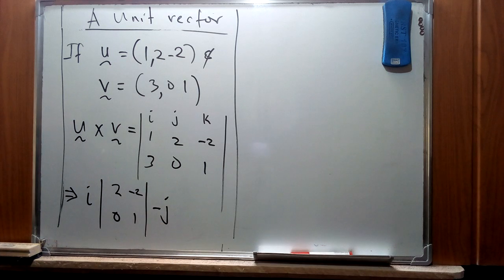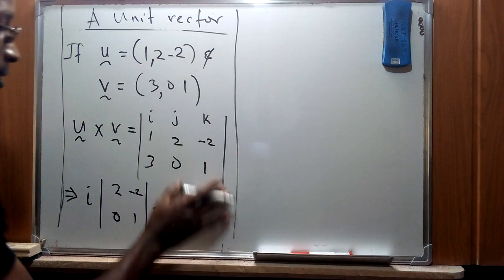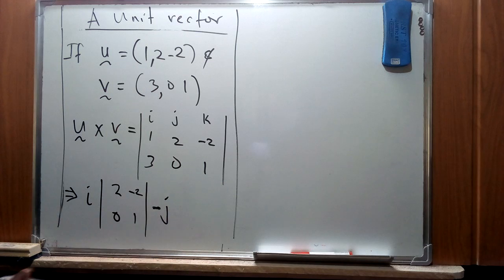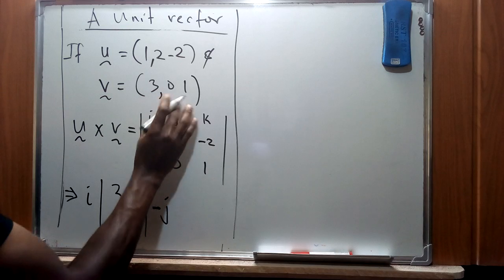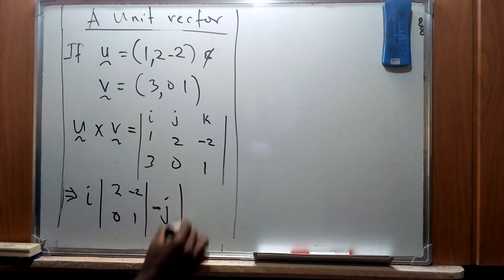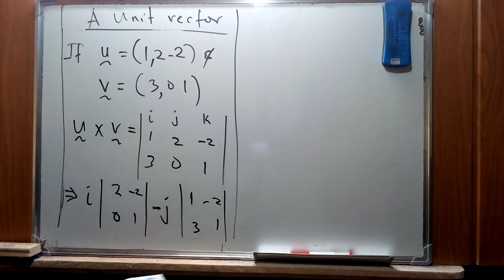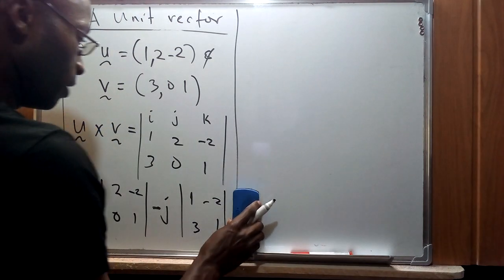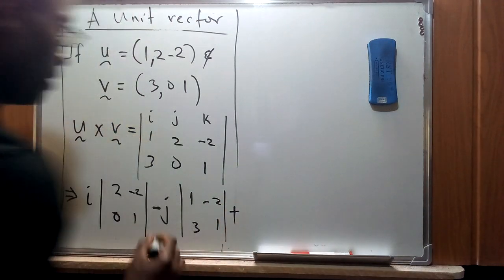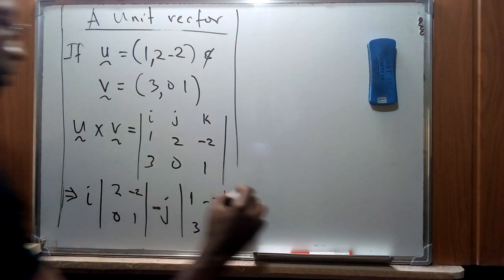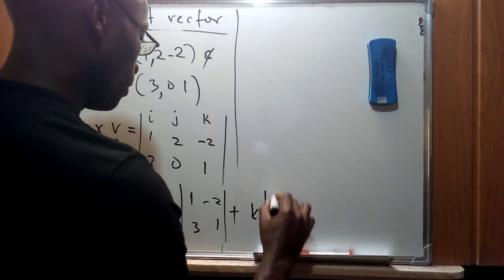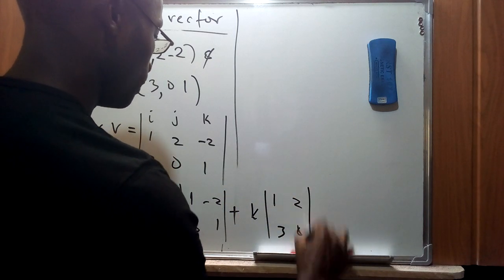We are going to see how to represent this minus sign using a formula by expanding it, but in this case it is going to be negative irrespective of the components. If we ignore this column, this is going to be the magnitude for 1, 3, -2, 1. And then the last component we add: we ignore this, so it's going to be 1, 2, 3, 0, for k.